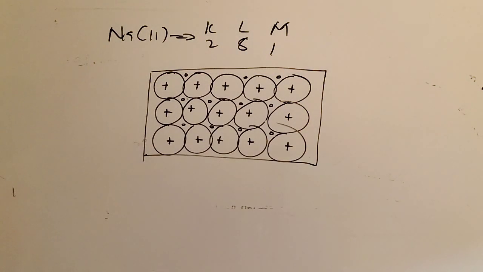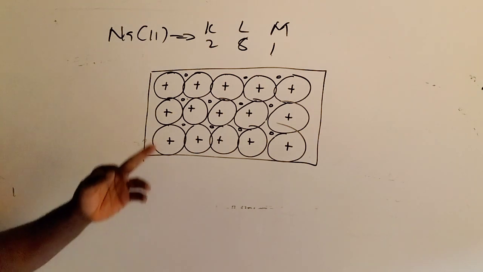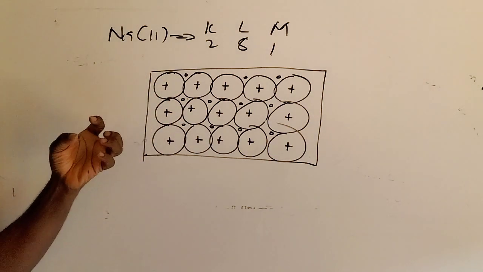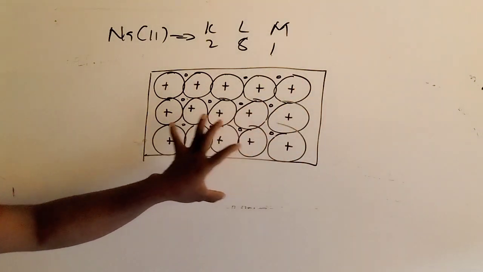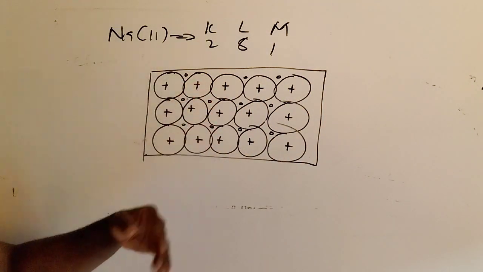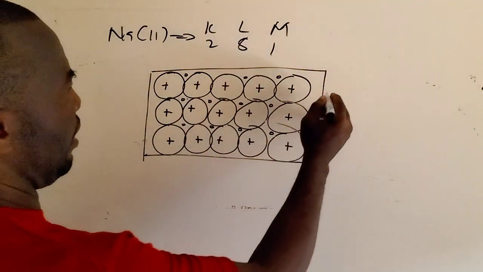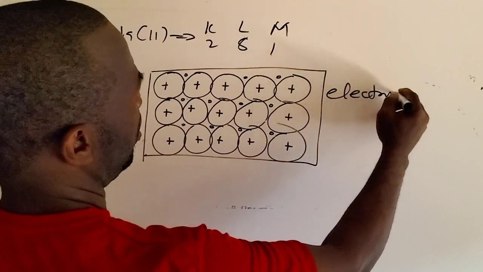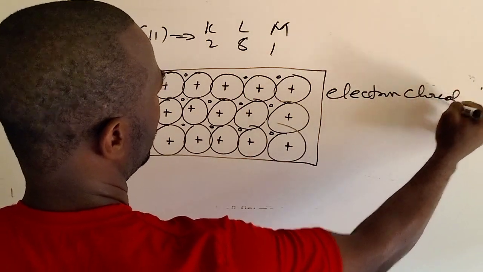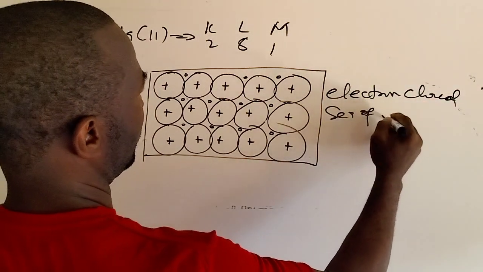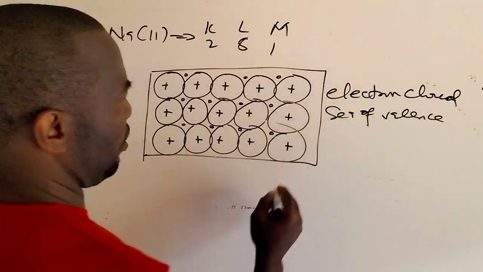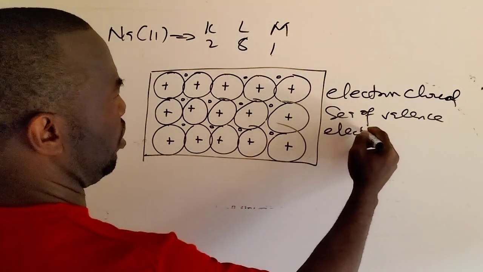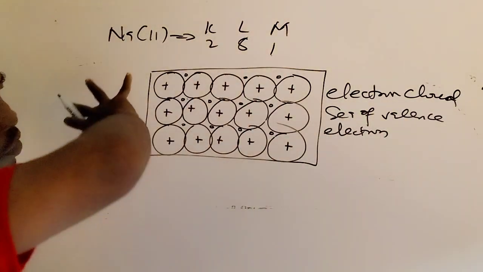So we call this electron pool from each atom, which does not actually belong to one atom, but belongs to the whole lattice, the whole metal, the delocalized electrons or electron cloud. You can also call it the sea of valence electrons. So valence electrons from each of the atoms are now part of the whole crystal.